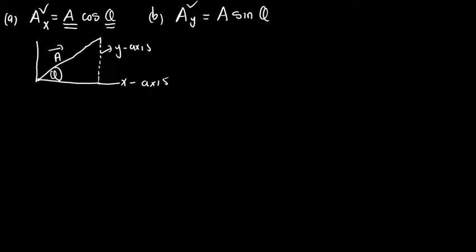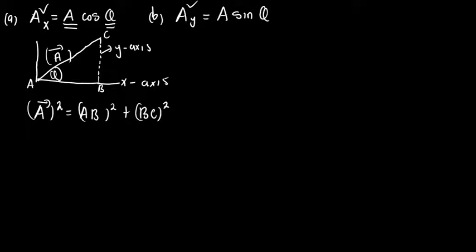We know that this is going to be A, B, and C. So if we want to find this side here, then we have to say A vector power 2 is going to equal AB plus BC, then we say square root of that.